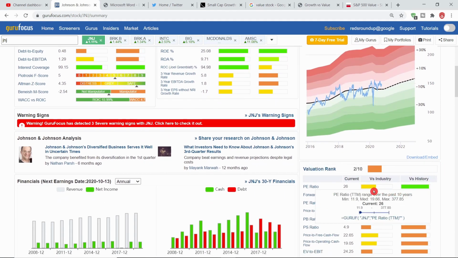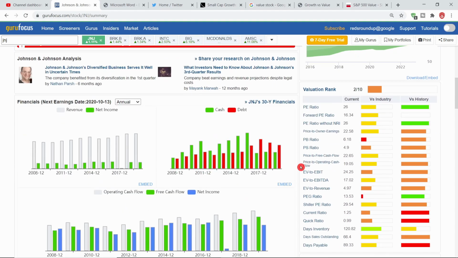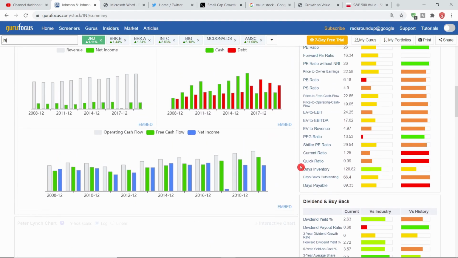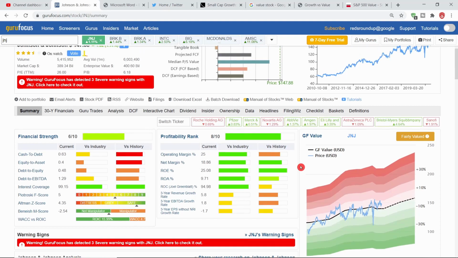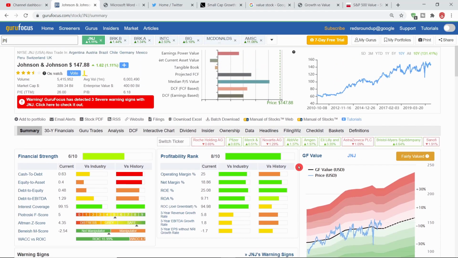So we see here that they're even at a PE ratio of 26. That doesn't exactly seem like value to me, but if they're growing, I guess it definitely could be. So Johnson & Johnson, this is an interesting pick considering the recent pandemic and just the fight against that.